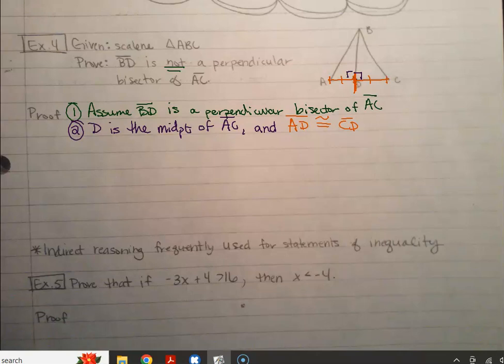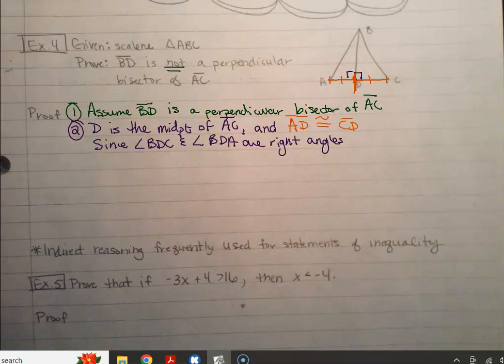So maybe we would say, since angle BDC and angle BDA are right angles, and so we have those.